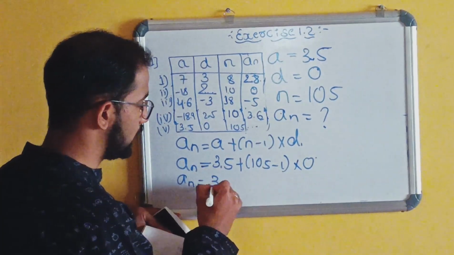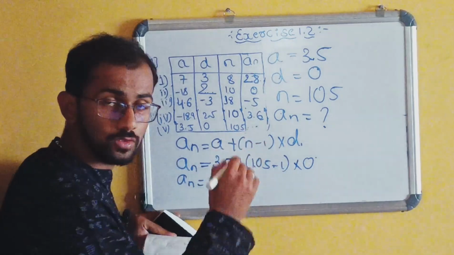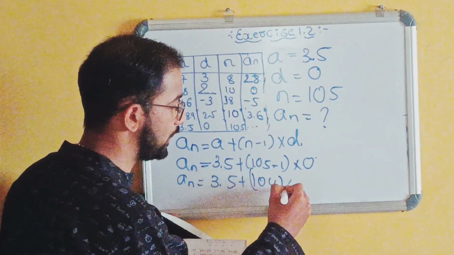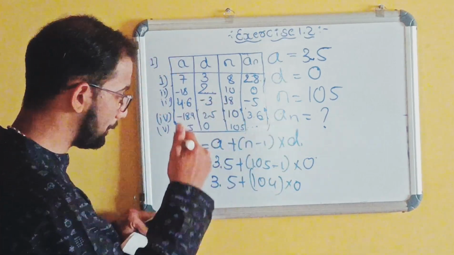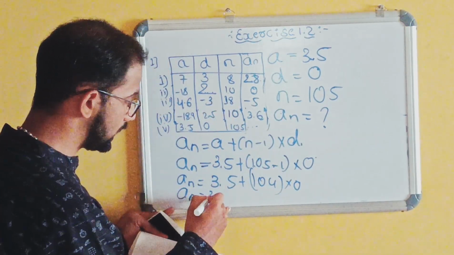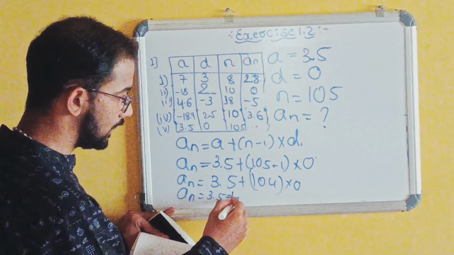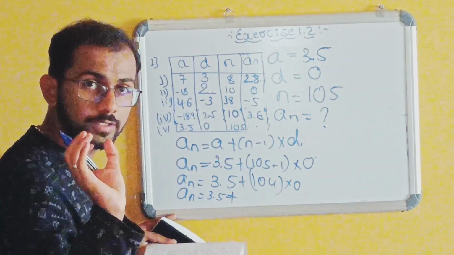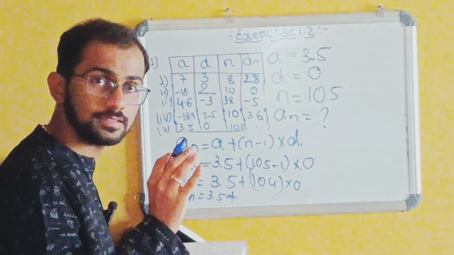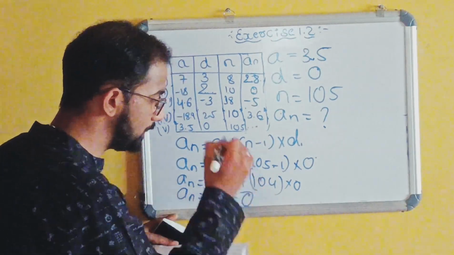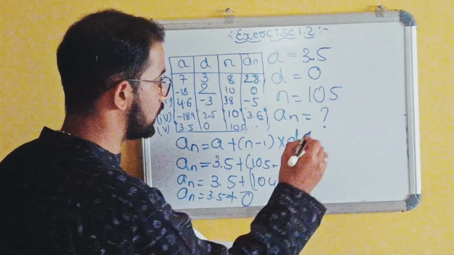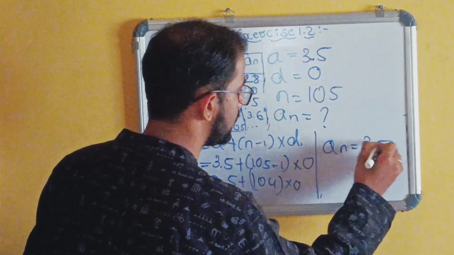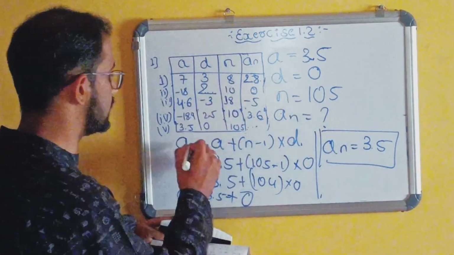AN equal to 3.5 plus 105 minus 1 is 104 into 0. This is a simple one. AN equal to 3.5 plus 0, since 0 into anything is 0. If you multiply 0 with any number, the answer will be 0. 3.5 plus 0, AN is 3.5. This is the answer.